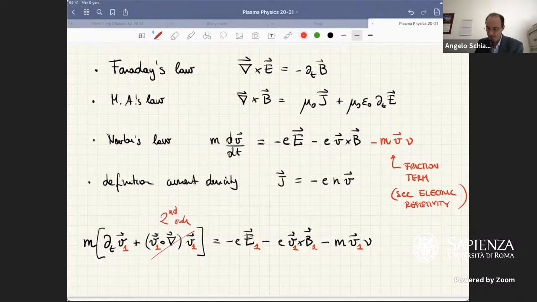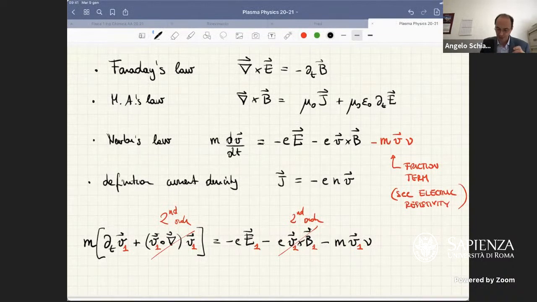Then we have another second order term here in the perturbation, and if we translate into complex notation, I remind you this means expanding the solution on a basis of plane waves, and then applying the differential operators to the plane waves.